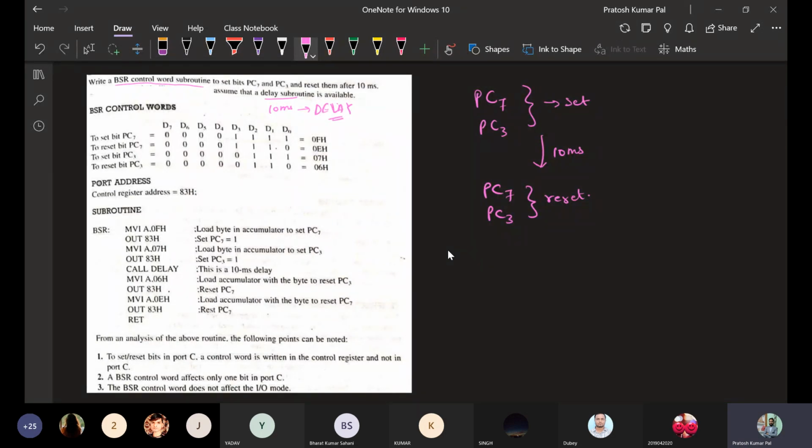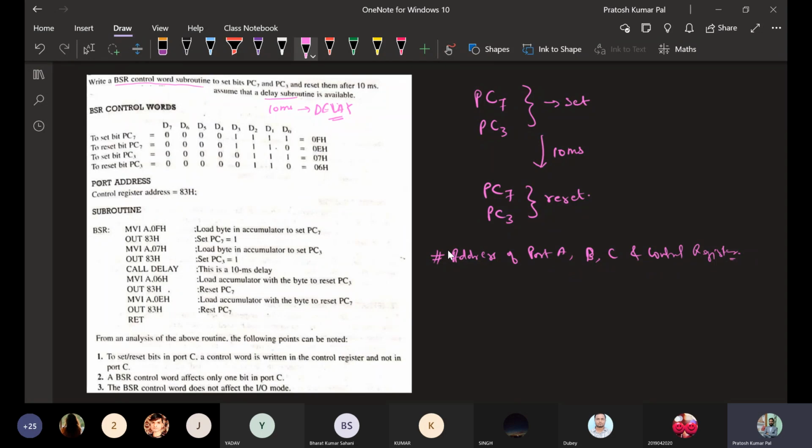Before proceeding, we should find the addresses of port A, port B, port C, and the control register. Once we have found the addresses, we will write the control word to set PC7 and PC3 in set and reset mode.